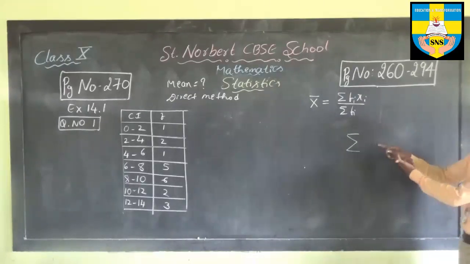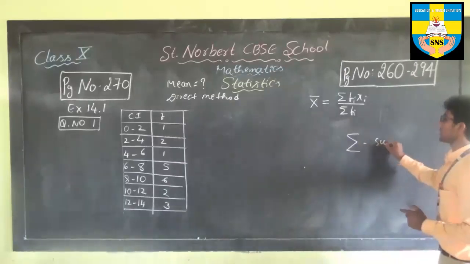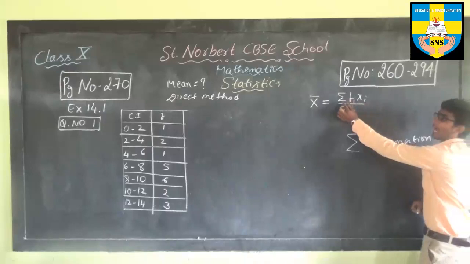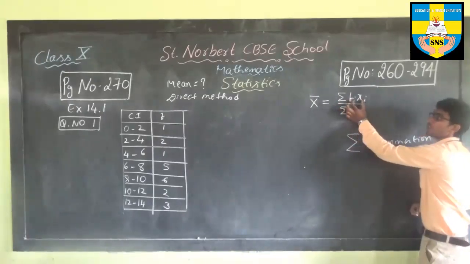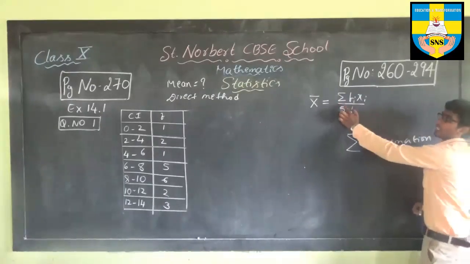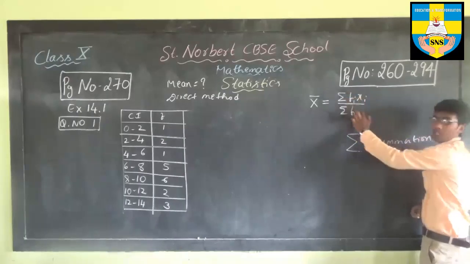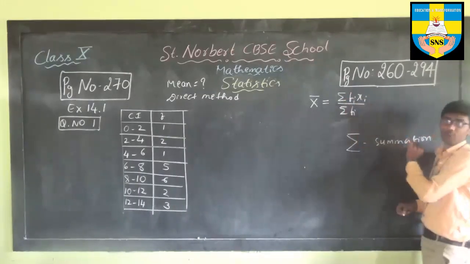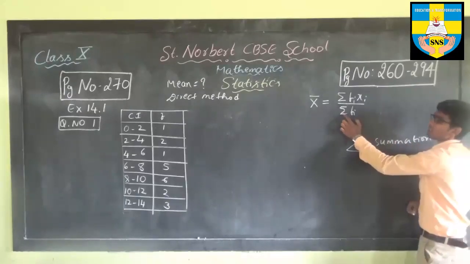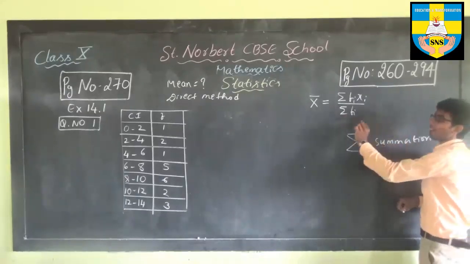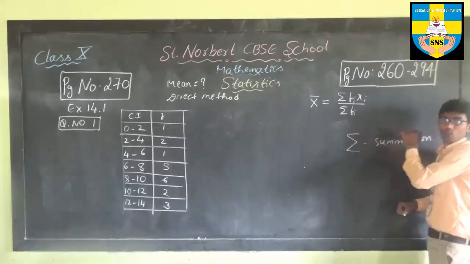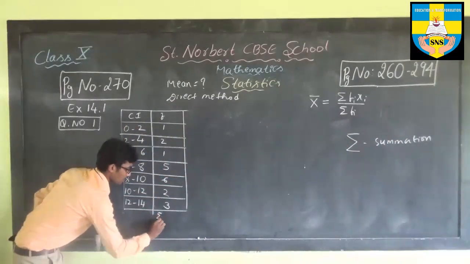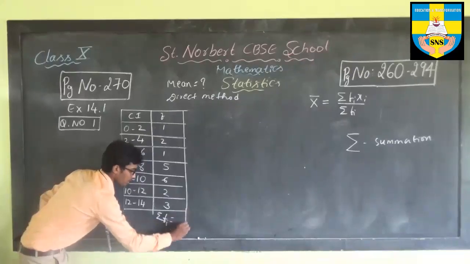Summation of fi xi means adding all the numbers in the form of fi xi. First you need to get f into x. After getting f into x, add every number in the form of f into x. Then what do you mean by summation of fi? Adding everything in the form of fi. So when you add everything here, you will get summation of fi.